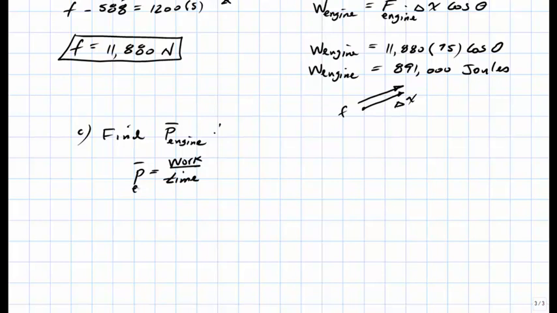Of course, we're trying to find the engine's average power. And we found the work done by the engine. However, we need to know how long it took the engine to cause the car to travel 75 meters towards the top of the incline. So time is needed at this point. The work, of course, has been determined in part B. Let's put that in a box.